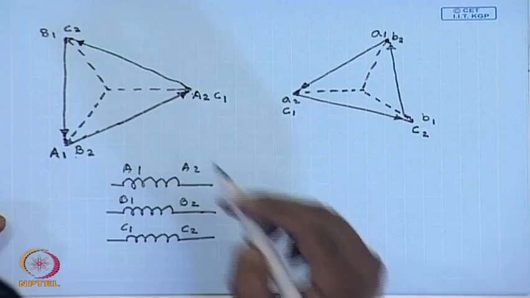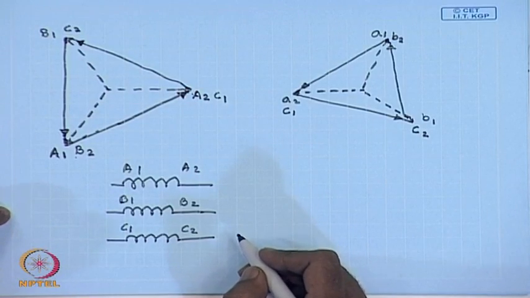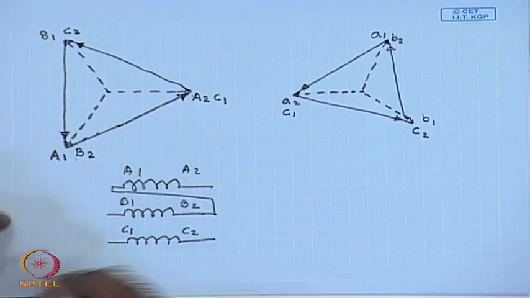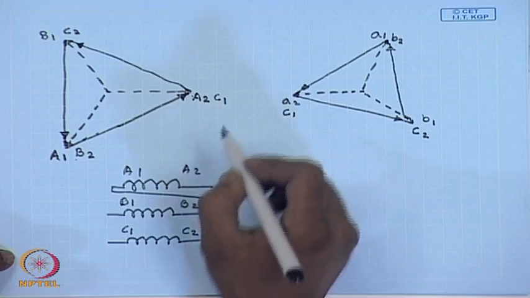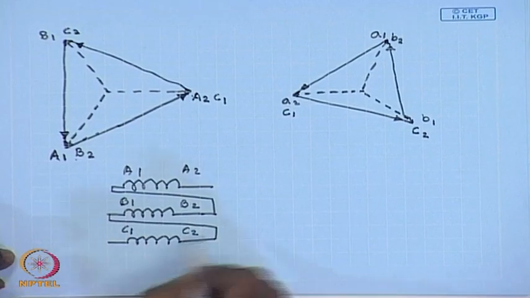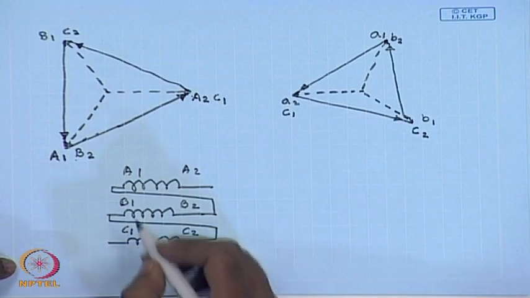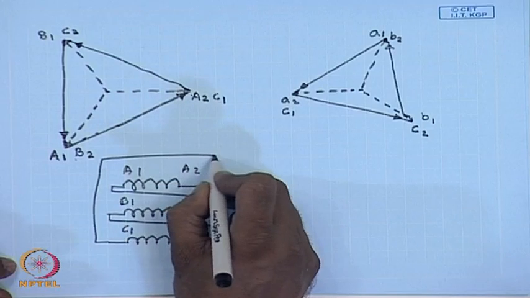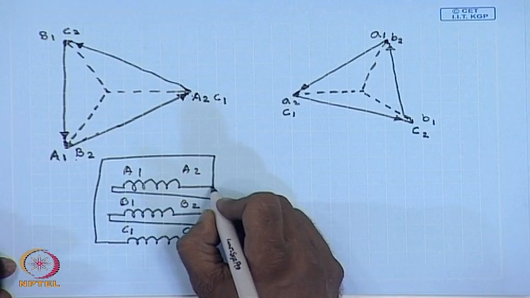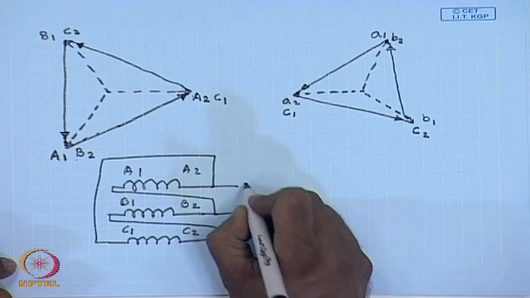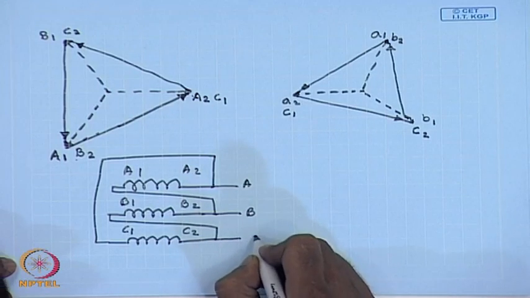The delta on the high voltage side is formed by connecting A1 to B2, then B1 to C2 and C1 to A2. And the lines are connected to A2, B2 and C2. These are the lines A, B, C.